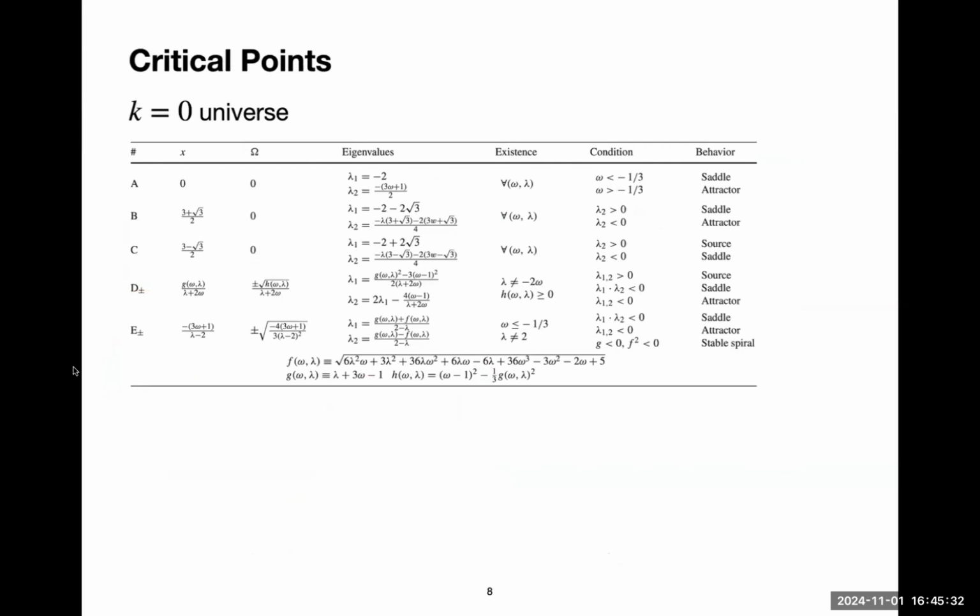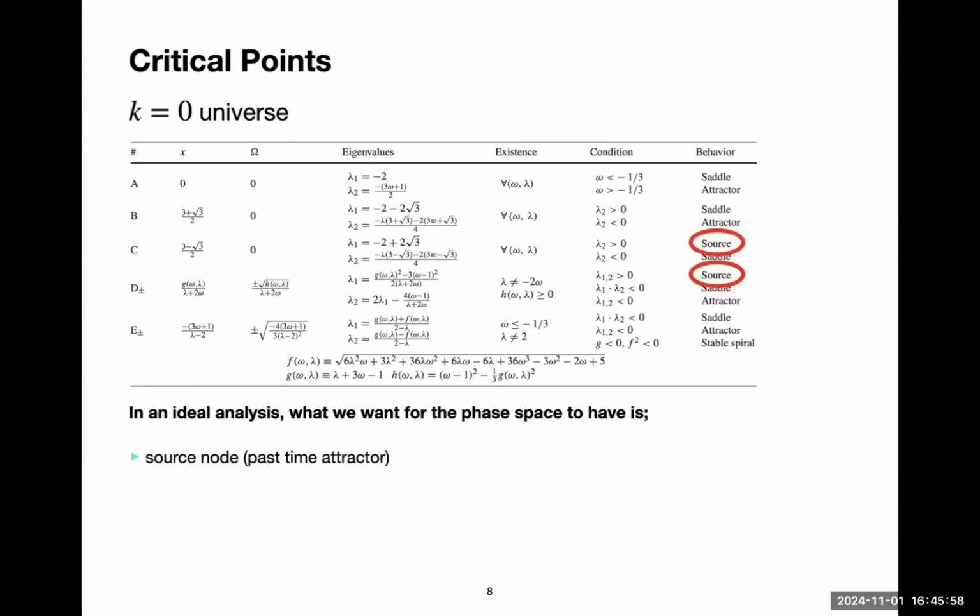But before going into detail about the critical points of a flat ΛCDM universe, first we should ask ourselves, what is a meaningful result when you do a linear stability analysis on a cosmological model? What we want to see in a phase space in terms of the behavior of critical points. In an ideal analysis, we need a source node, like in the example of radiation, matter, and cosmological constant.